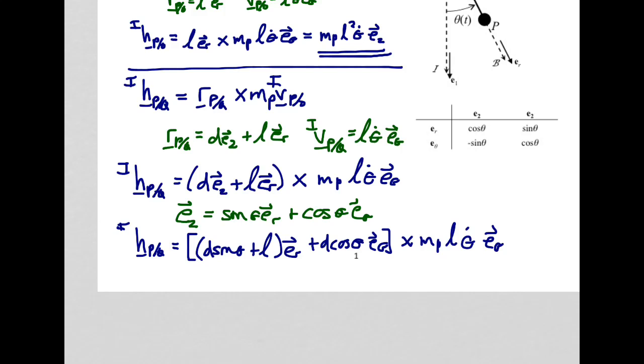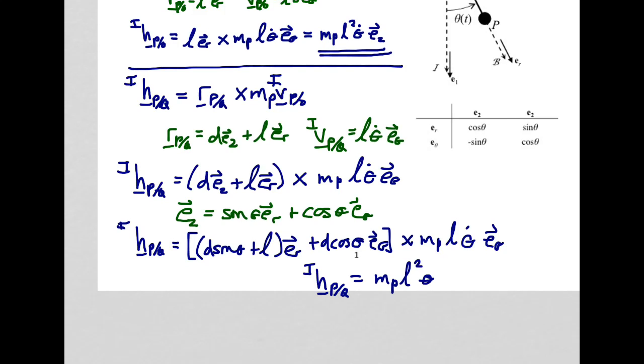And so when we plug through all the algebra, we get that the angular momentum of point P with respect to Q, as observed in the inertial reference frame, is equal to the mass of point P, L squared theta dot, and then it's going to be the entire quantity of 1 plus d over L sine theta, and that's all in the EZ direction.